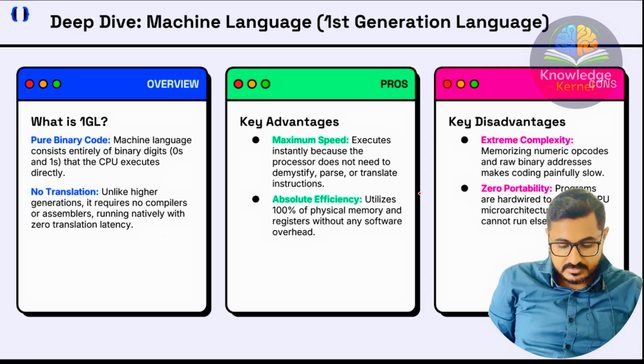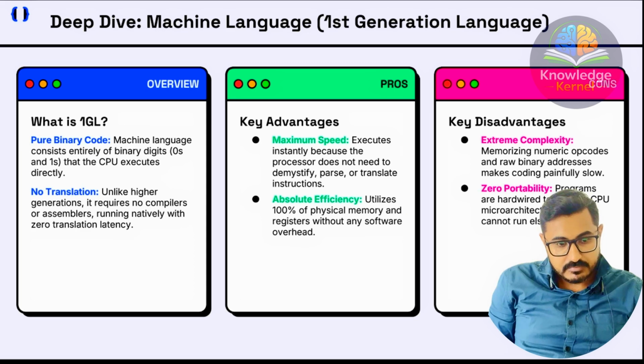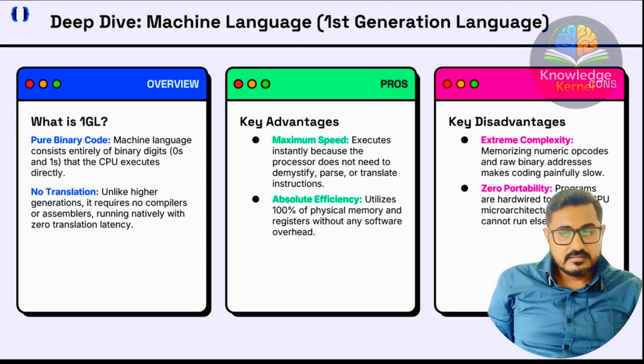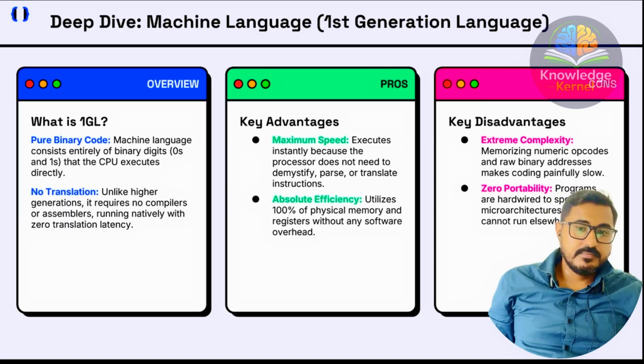This means that even if you want to add two simple numbers, you have to memorize the sequence of zeros and ones used for this particular task. Since machine language does not require any kind of translation, it runs directly on the hardware. Since it directly runs on the hardware, the speed of machine language is extremely high.